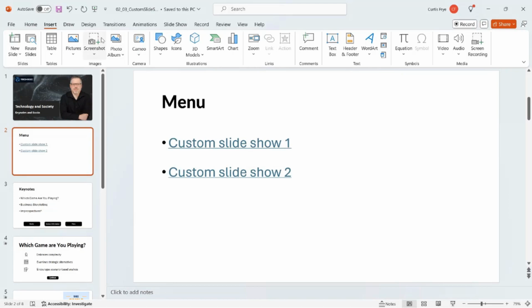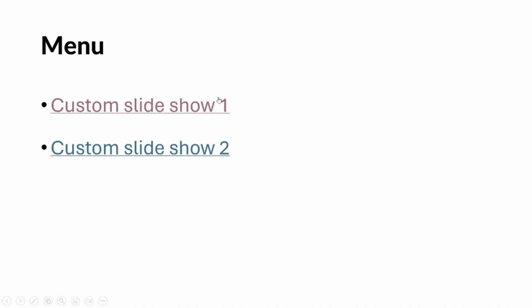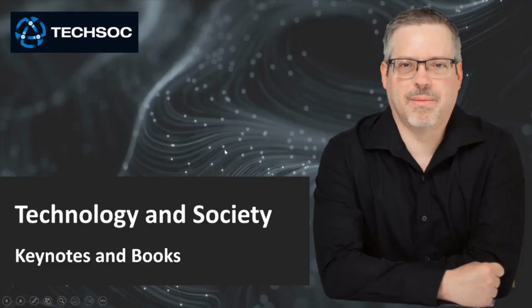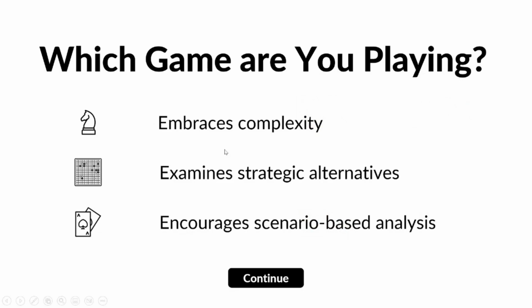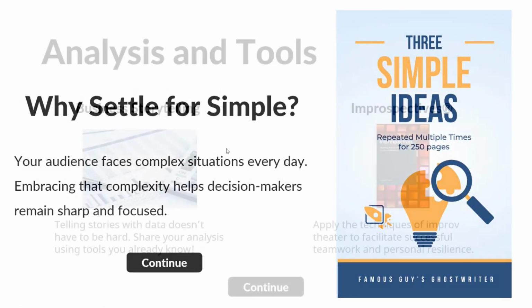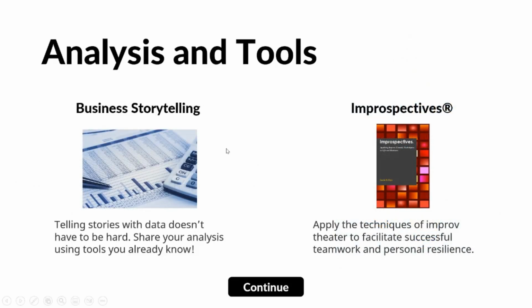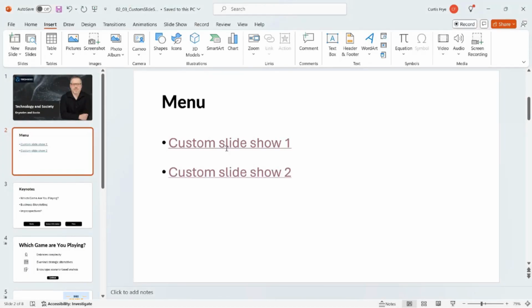And then I'll start the slideshow again from the start, click to move forward, click Custom Slideshow 2. So there's 1, 8, 4, 5, and 6. And click again to step out, and we are back in the presentation file.